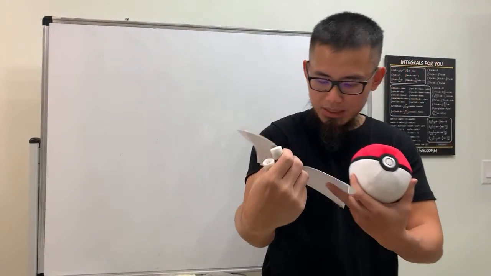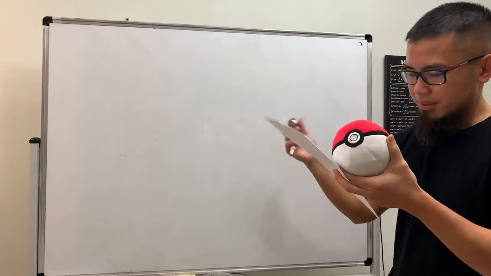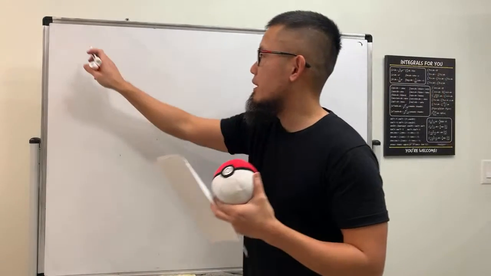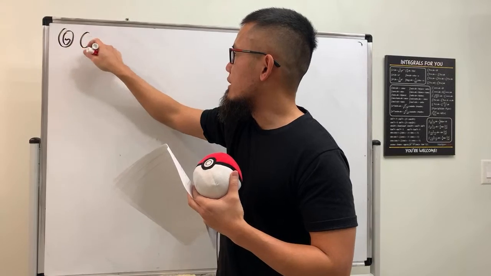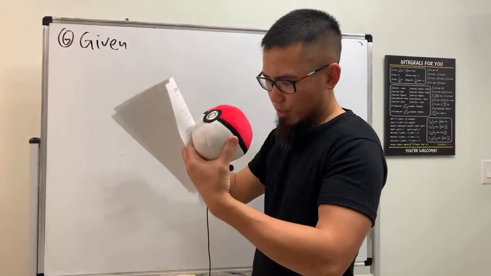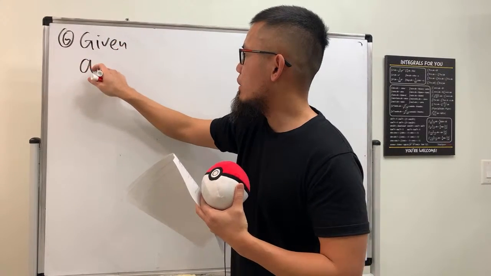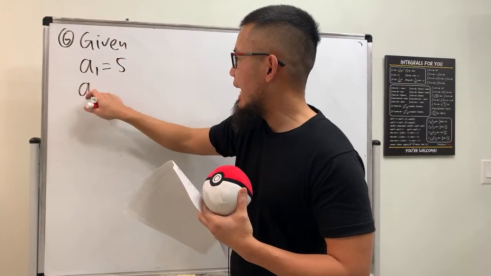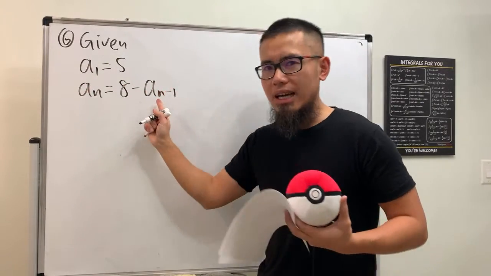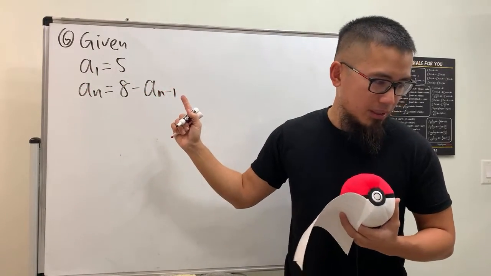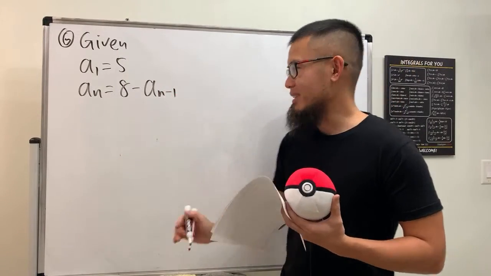Ah, I see. Just a quick correction. Number 6, it was given a1 is equal to 5 and an is equal to 8 minus an minus 1. I put just 1, which is wrong. I'm sorry about that.